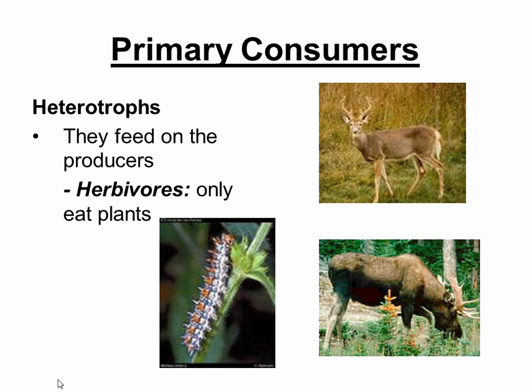Primary consumers are heterotrophs. Hetero means others, right? It means they feed on others. They feed on the producers. If we're talking about things that just feed on producers, we're talking about herbivores.